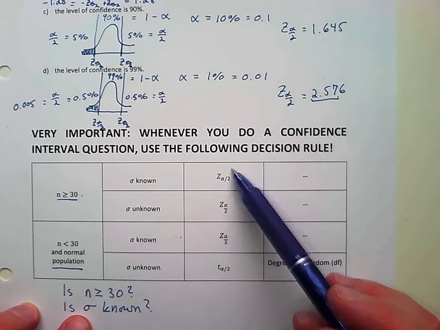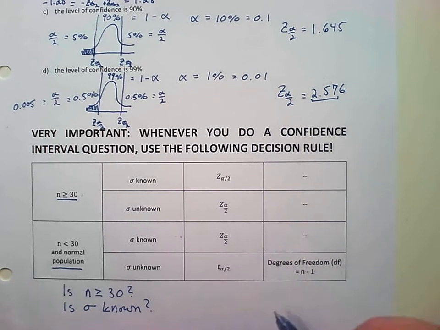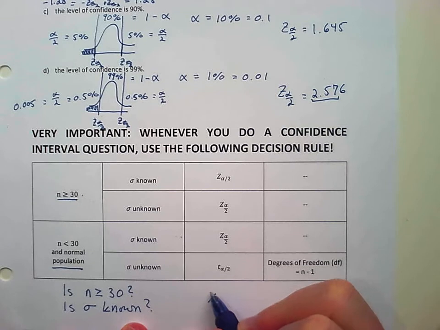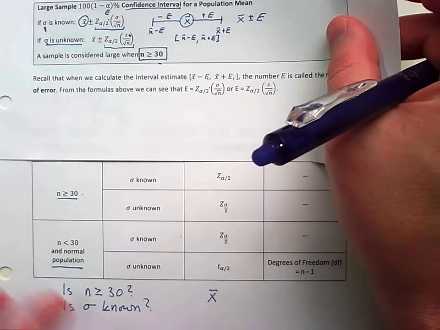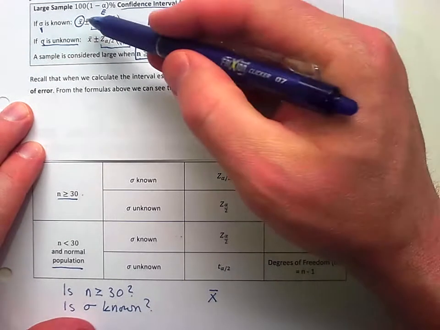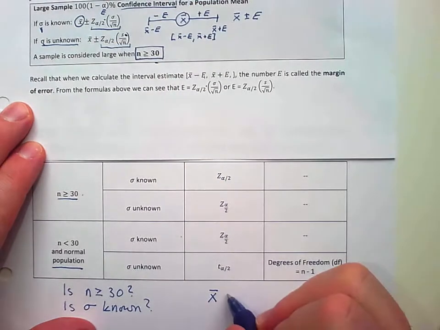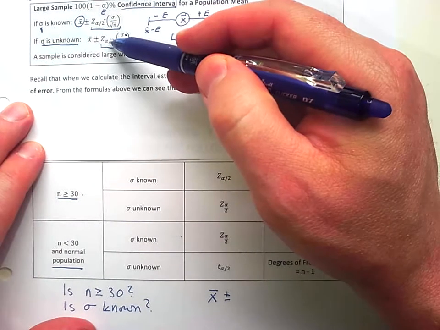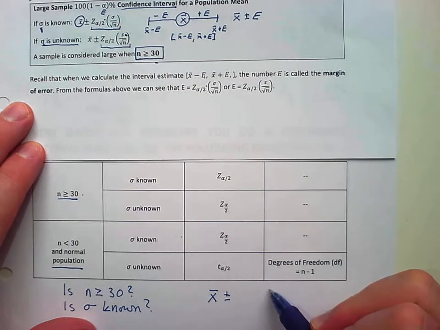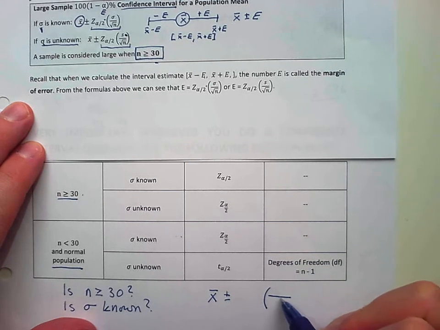And what exactly I mean with using z sub alpha divided by 2 is this. Just like I pointed out with those equations on the previous page in our notes, I'll put them back up here. Both of these formulas have x bar plus or minus, and I'm going to skip the z sub alpha divided by 2 here for a second, and then times our numerator.